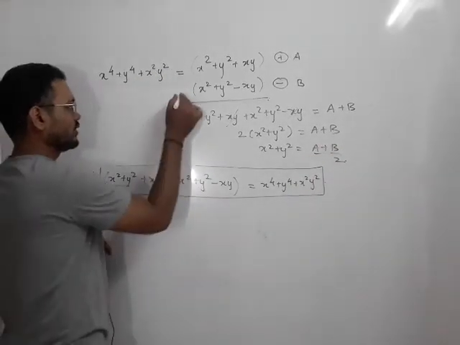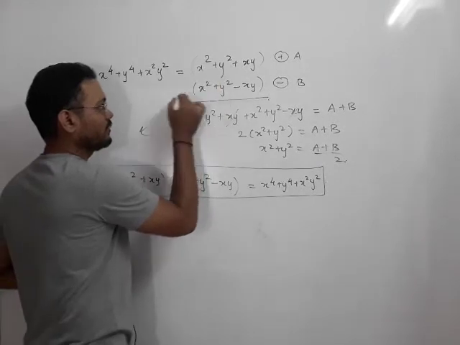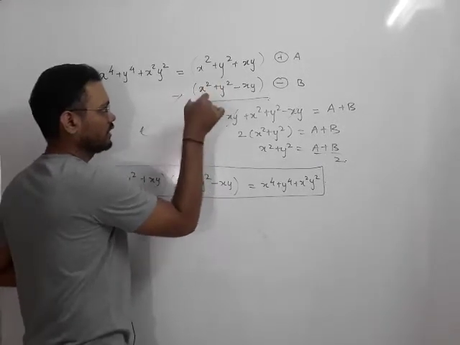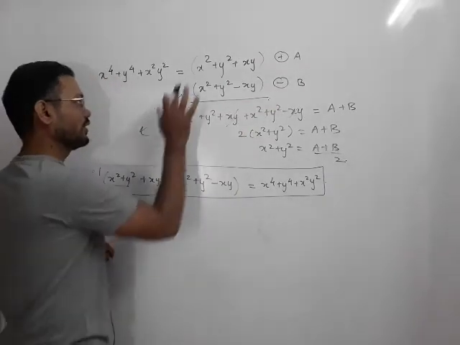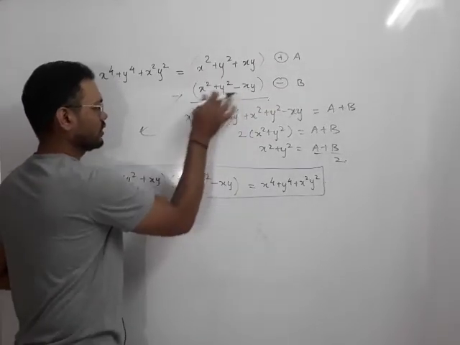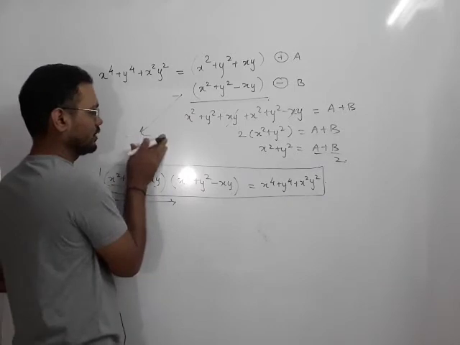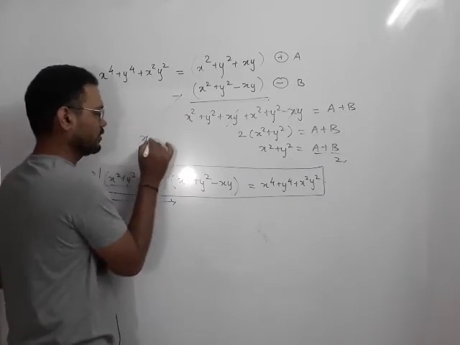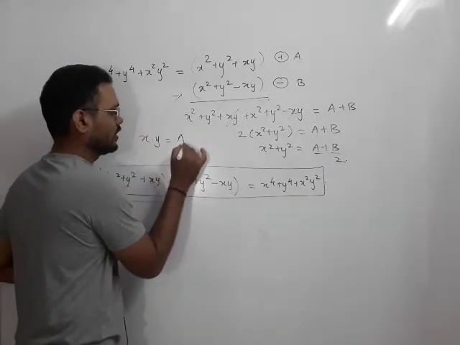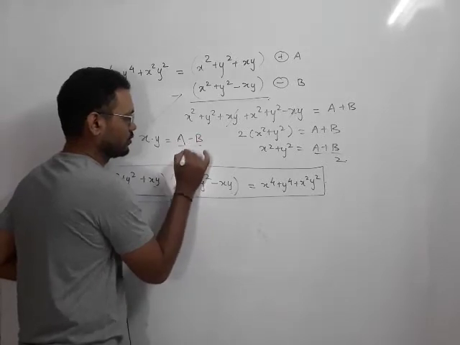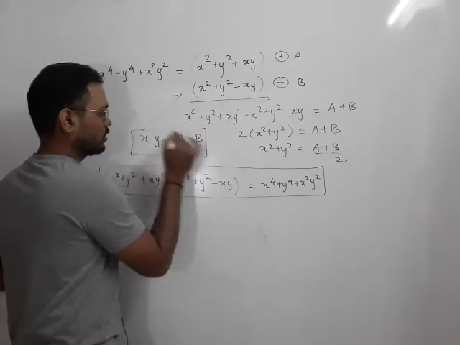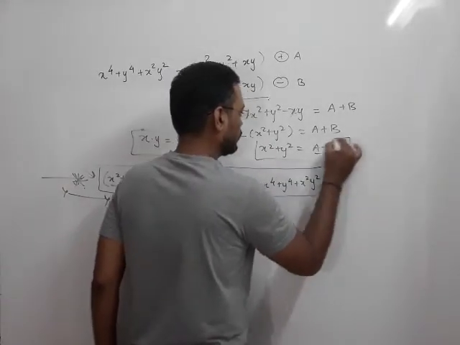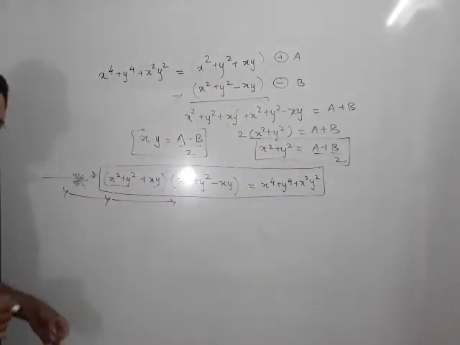And looking at the same thing, if I subtract instead of adding, from positive to negative, what am I getting? This will be cancelled and it will become twice of xy. So I can say that x into y is A minus B upon 2. These two are the conclusions that you have to remember.